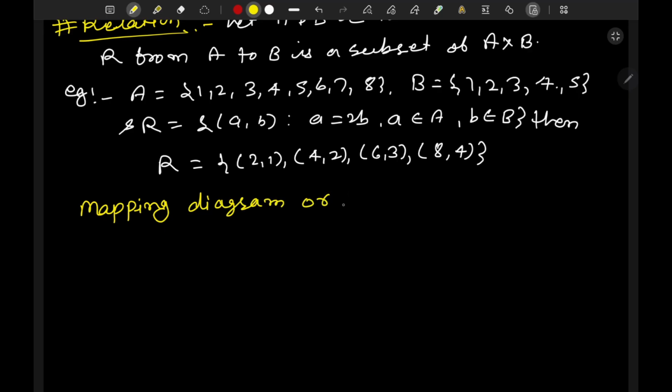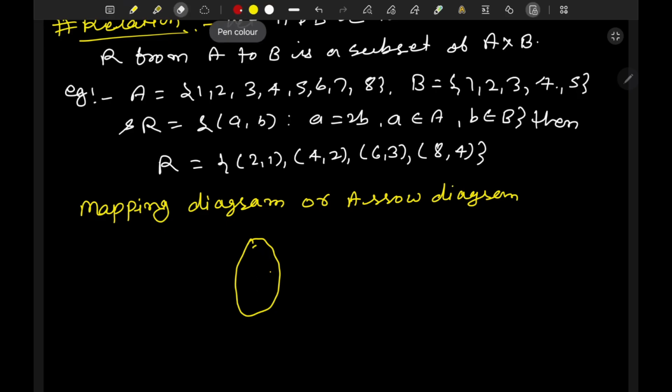For this relation, on one side we write 2, 4, 6, 8 and on the other side 1, 2, 3, 4, with arrows for (2, 1), (4, 2), (6, 3), (8, 4).